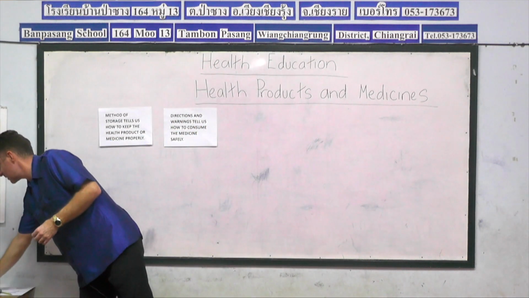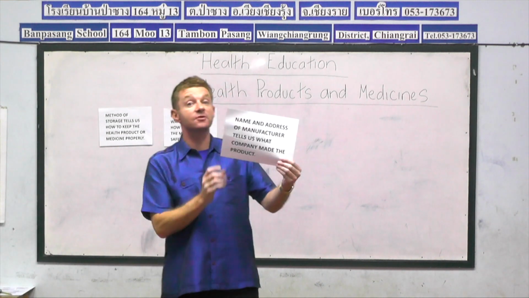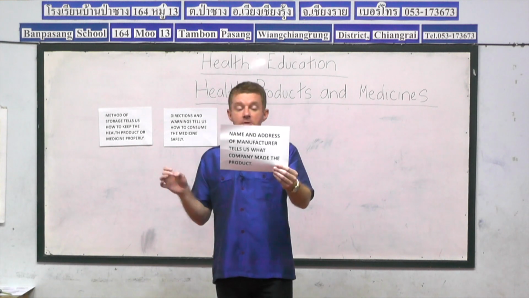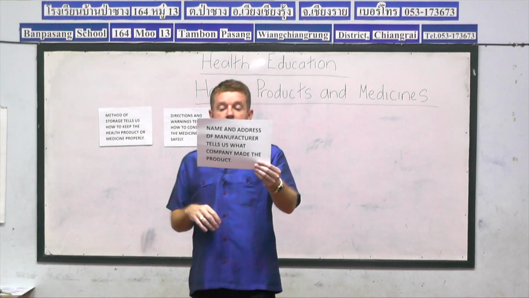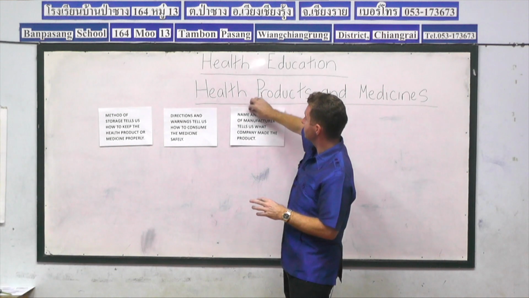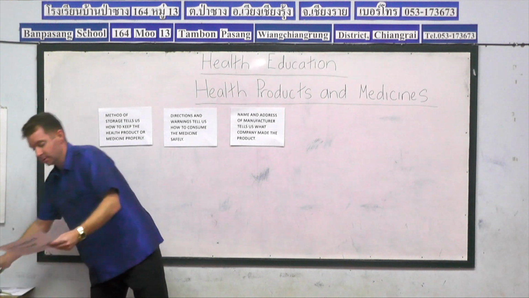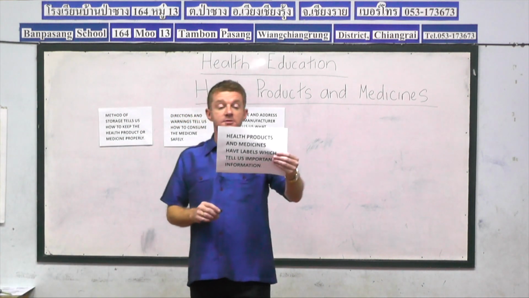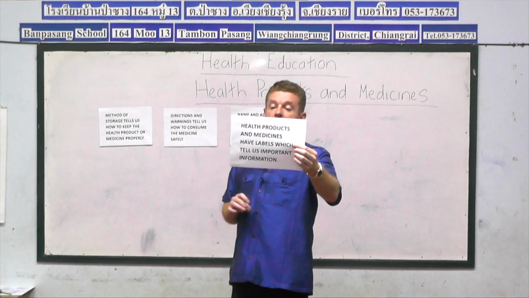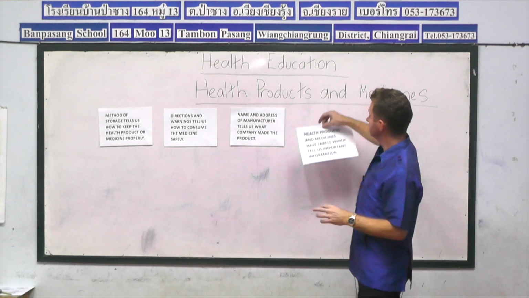The third sentence that you could get, name and address of manufacturer tells us what company made the product. There you go. So there's sentence number 3. And then sentence 4, health products and medicines have labels which tell us important information.